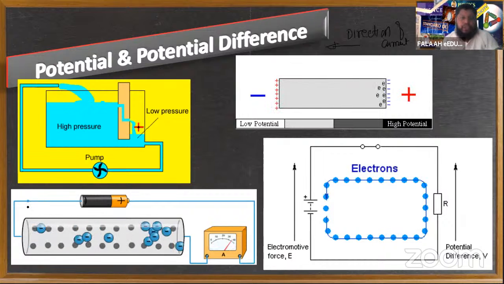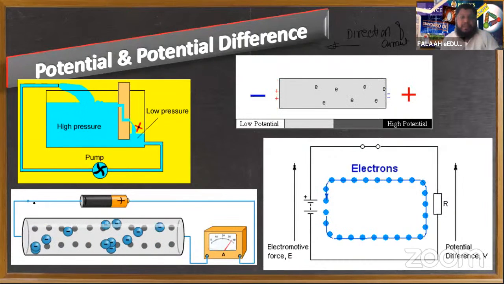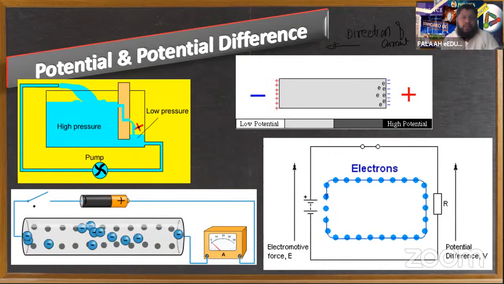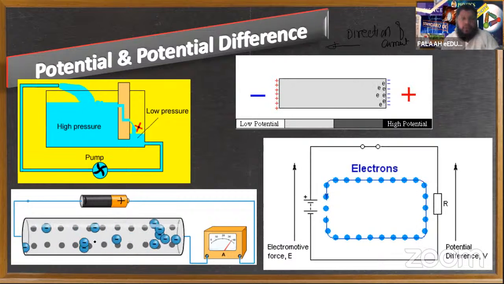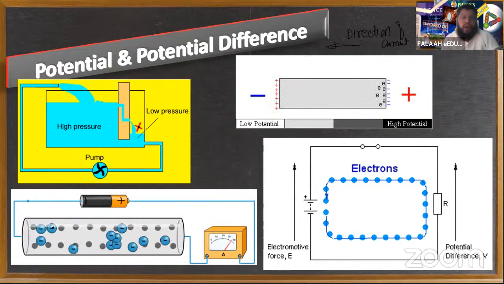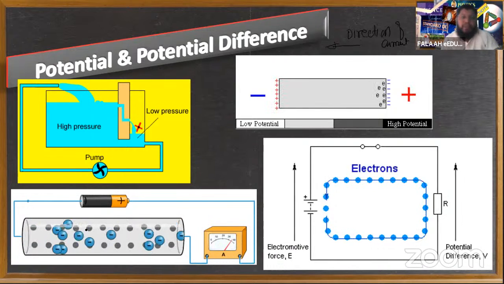Here is one switch. Sometimes it opens, sometimes it closes. Watch carefully how the electrons, the negative charges, behave when the switch is closed and when it is open.